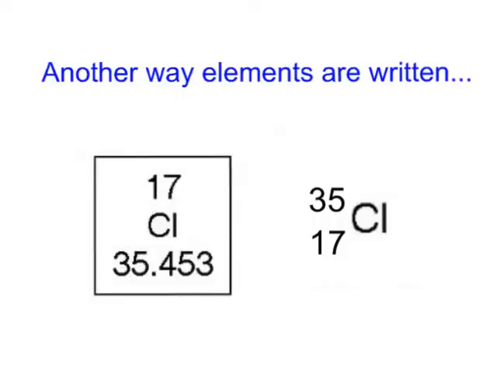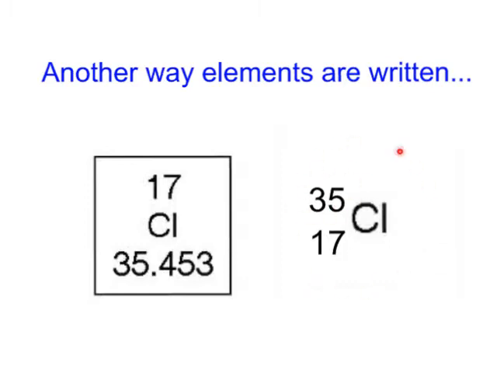All right, here is another way that elements can be written. So you may see it like this. You may also see it like this, where we write the symbol for the element, chlorine, right there. And we write the atomic number here in a subscript right before it, in front of it to the left, and then a superscript to the left, so directly over the subscript, we write the atomic mass.